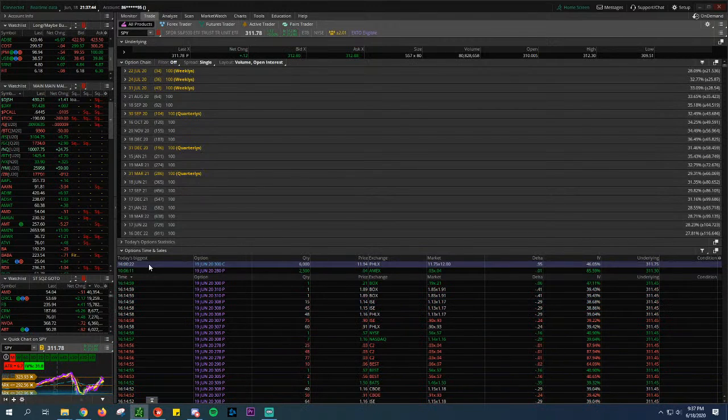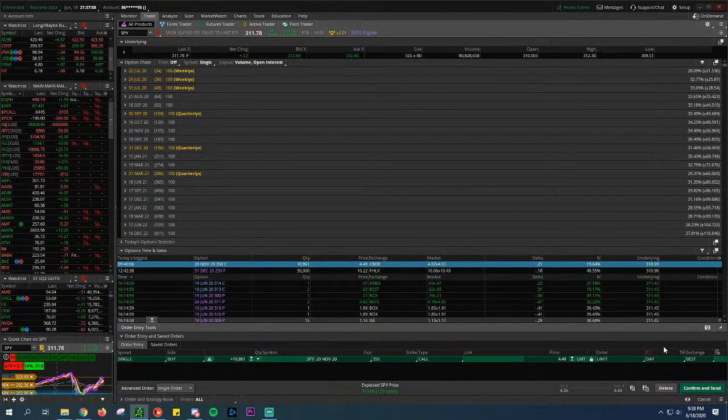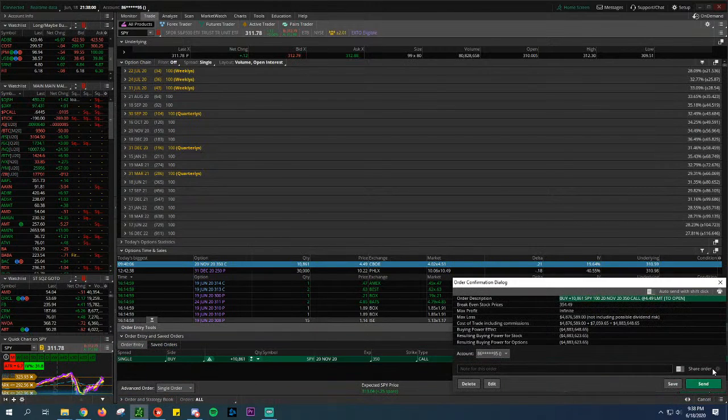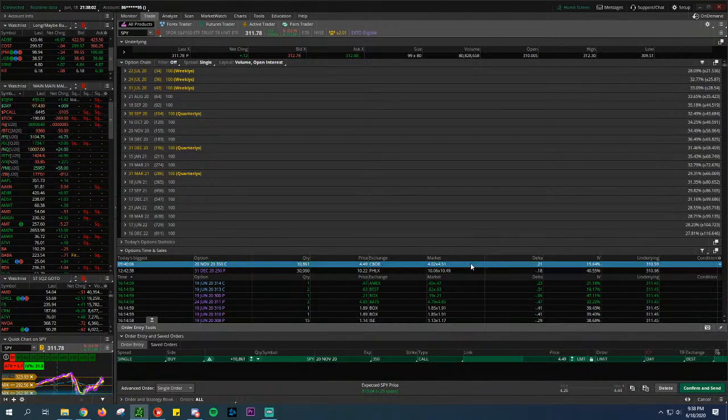So, for example, this position right here, literally at 16, there's about 6,000. Oh my God, that's a lot. That's a pretty substantial position. So this person is betting on a very big market uptick potentially.